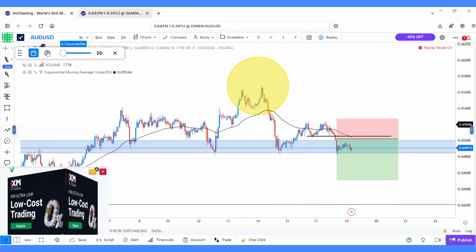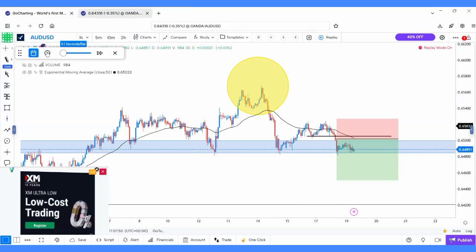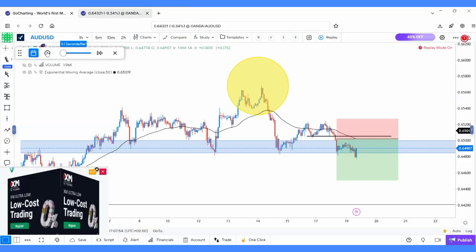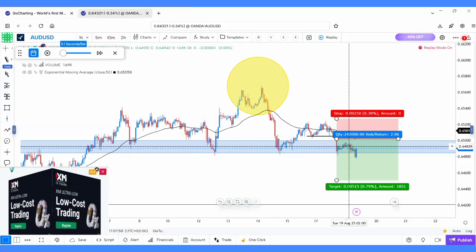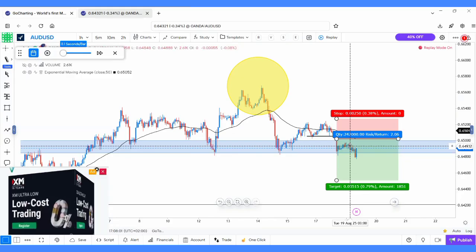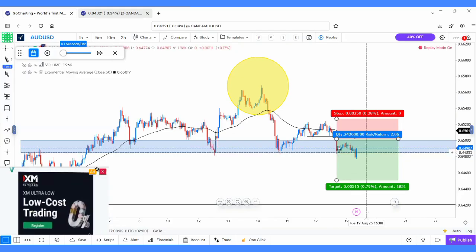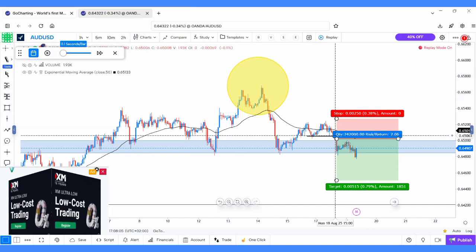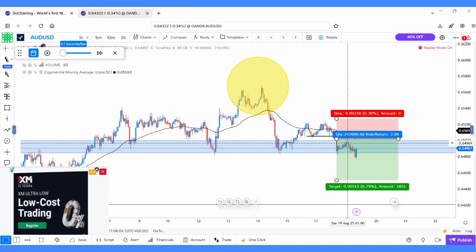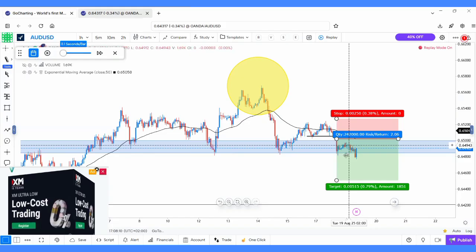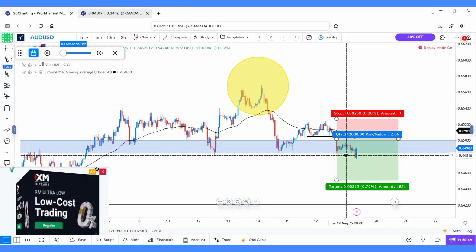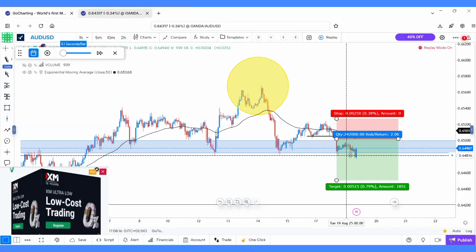Some of you could have, let me pause. Some of you could have entered here, somewhere here, because it's still around the area of interest. So if you feel like it's some sort of retest in a way, which it was, to be honest, you could have entered here if you missed out. But the question is, what session is it around those times?